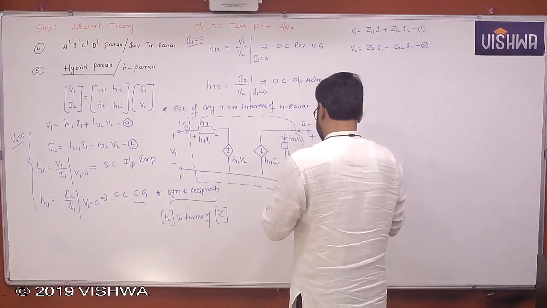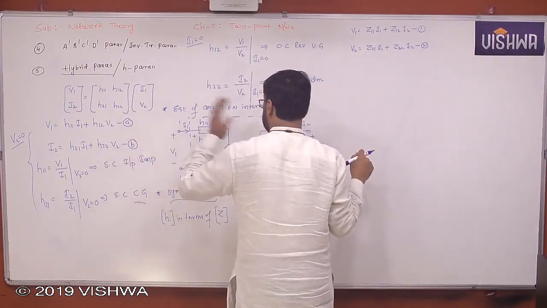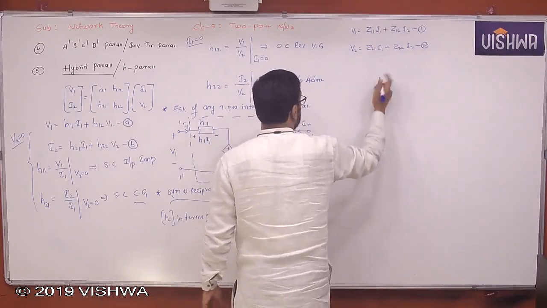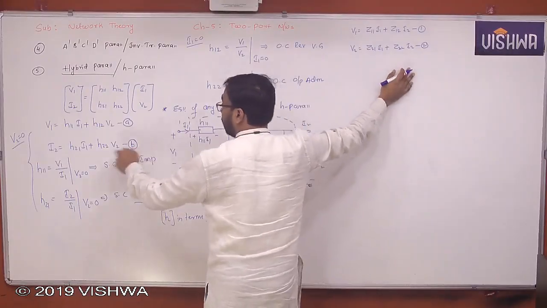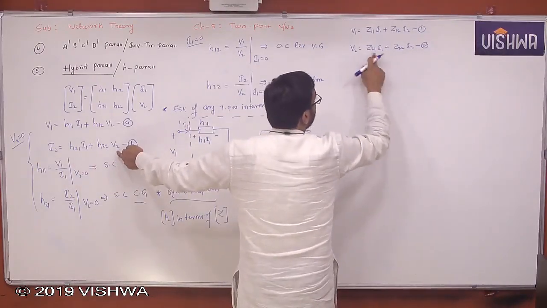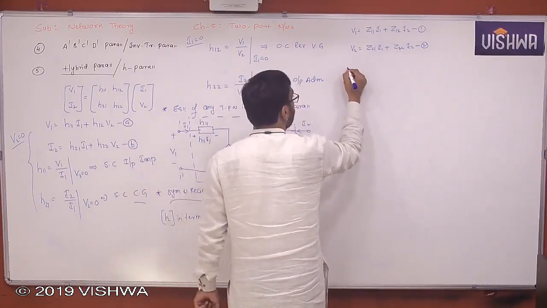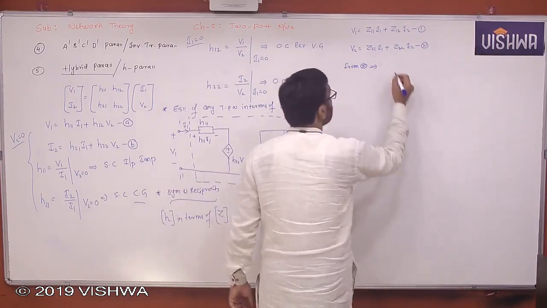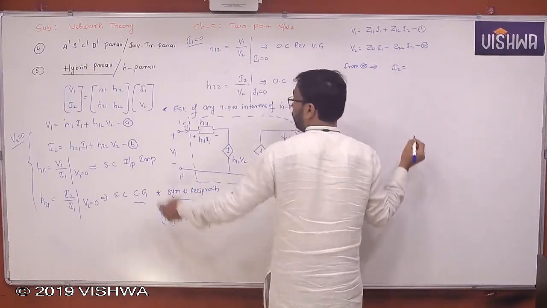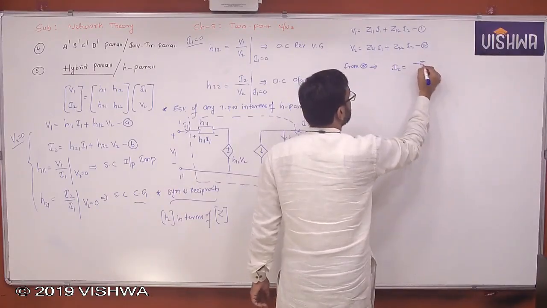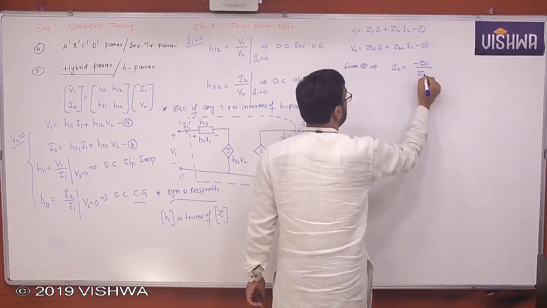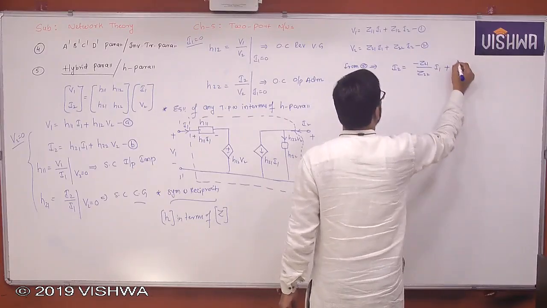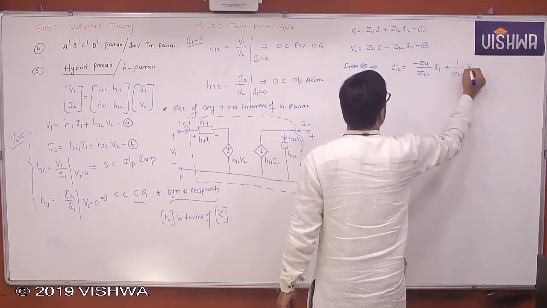Okay. Now let us try to express the H parameters in terms of Z parameters. Therefore, don't change these equations, but change those equations. Now, if you compare 2 and B, you will understand I2, I1, V2. Then if I just rearrange from 2, I2 is equal to, what will I get here? Minus Z21 by Z22 I1 plus 1 by Z22 of V2, equation 3.